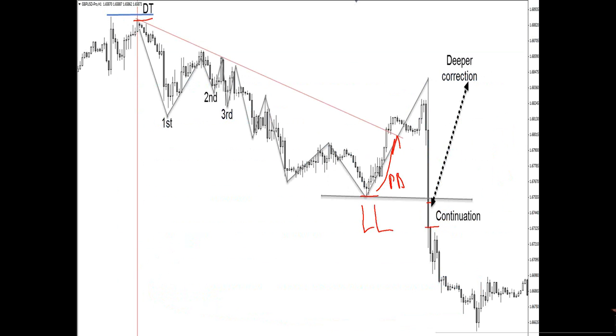Reversal may be only if this highest high has been broken. So this is a deeper retracement. And once this lowest low has been broken and subsequently the candle closed below the previous lowest low, we can assume that the trend is still strong and you can try to search for a short entry.